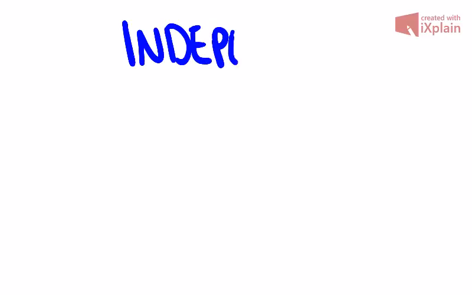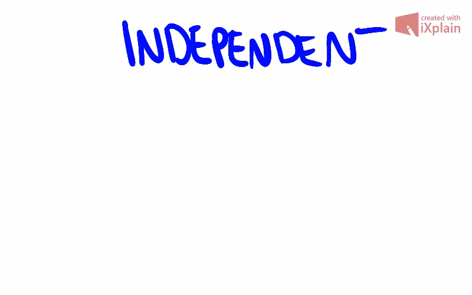So the first one that I'm going to talk about is the independent variable. So this is where people get confused. But the actual definition of independent variable is the factor that is being investigated, the one that is deliberately changed for some reason to investigate its effect.